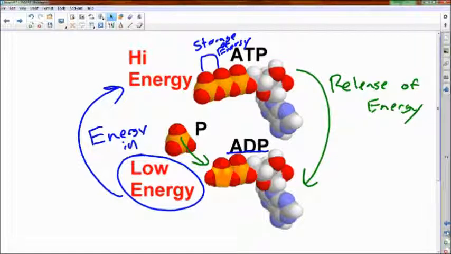So even though when we look at molecules, they can seem kind of complex, this is a fairly simple process. It's a fairly simple storage system. Cram this thing on, energy is stored, interact with it in a way that it'll pop off, energy is released, and it can be used to do whatever in the cell.